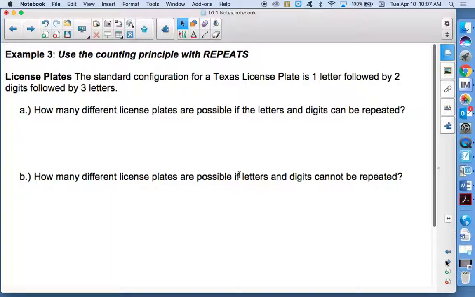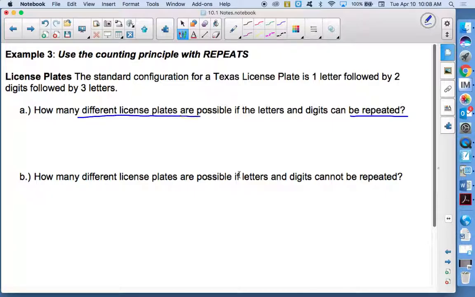But in this case, we're just trying to come up with how many license plates could occur if the digits and the letters can be repeated. That just means I could have all A's and all zeros for my number or letter option. So trying to think about this as a visual, this will be a huge license plate, but here's my little license plate for the state of Texas.